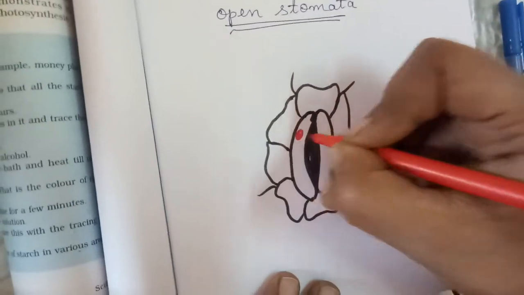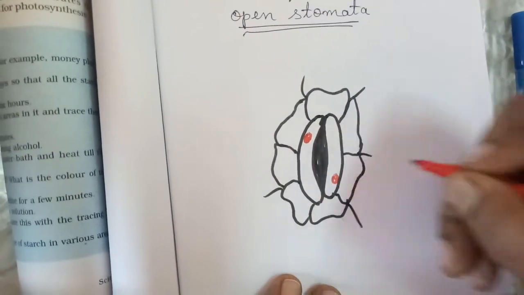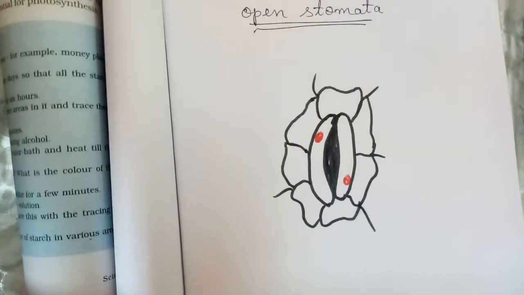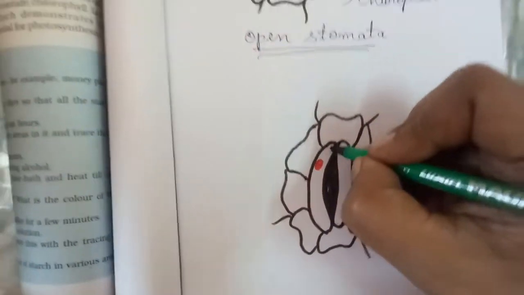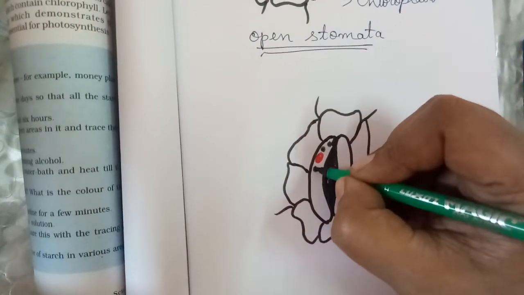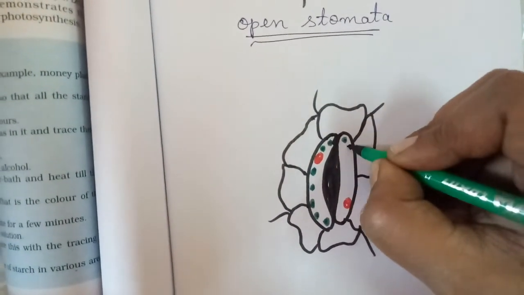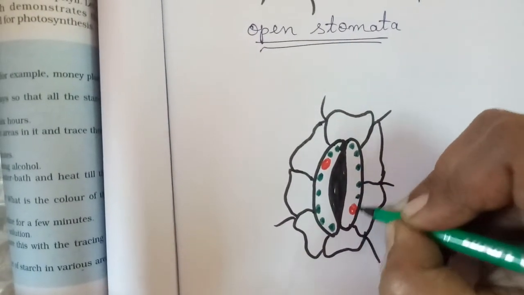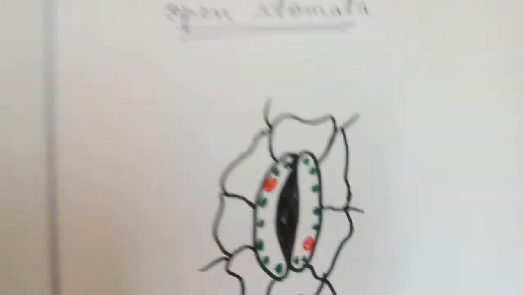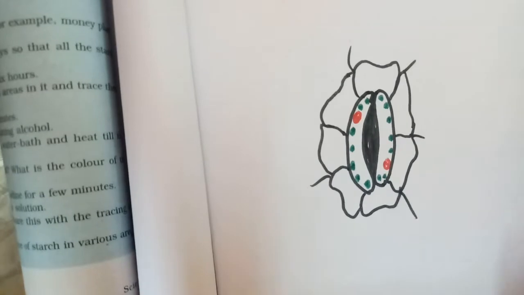This is the nucleus, and then the chloroplast. So these are the chloroplast. Now this figure is the closed stomata.